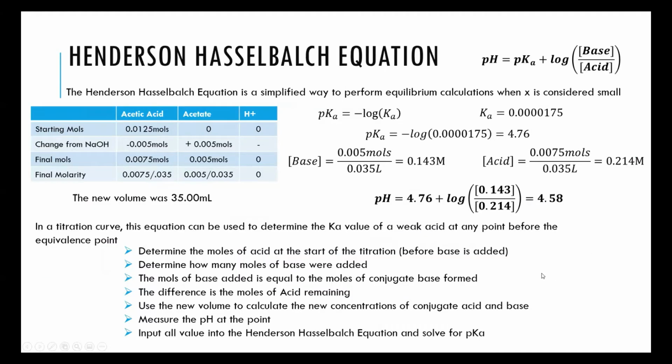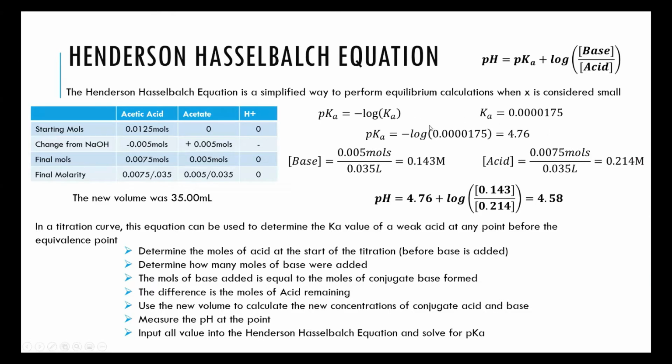There is a more simplified way to do this, however, and that is to use the Henderson-Hasselbalch equation. This equation looks at the concentration of base, the concentration of acid, and it involves the Ka and the pH. You're using these ratios to solve for a particular pH.